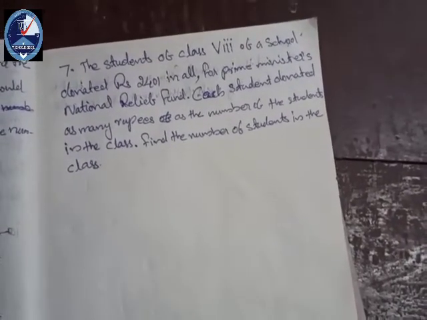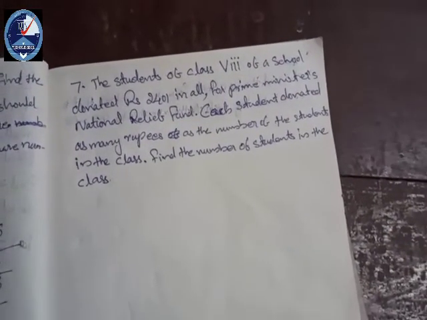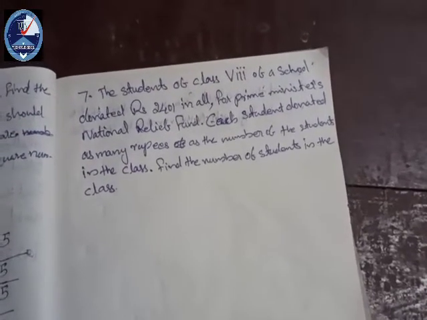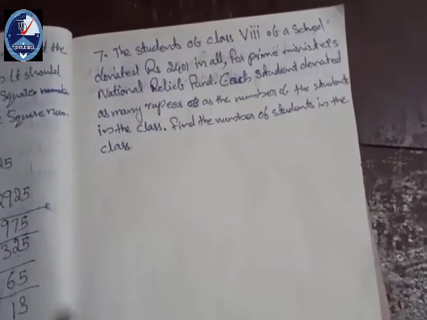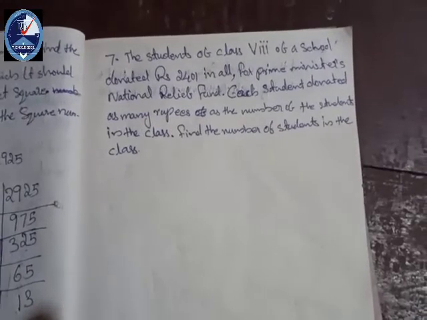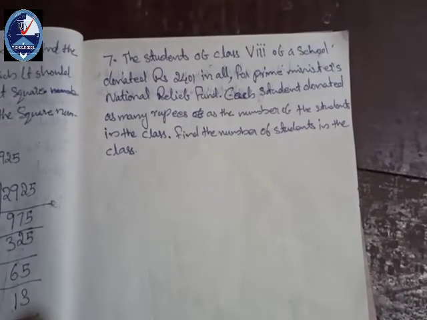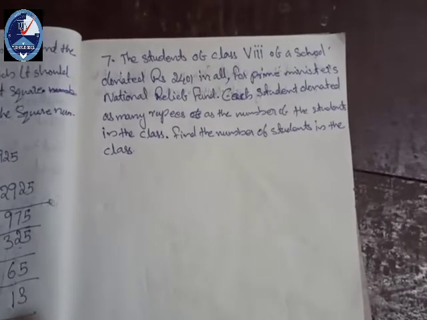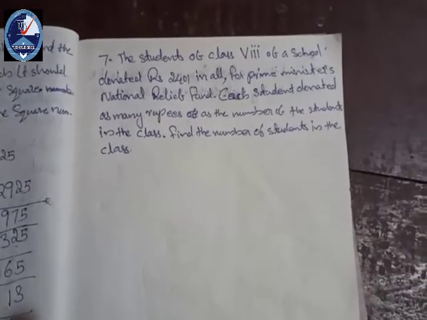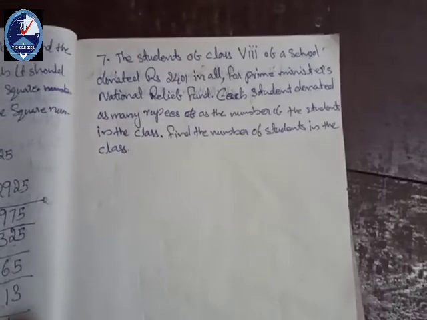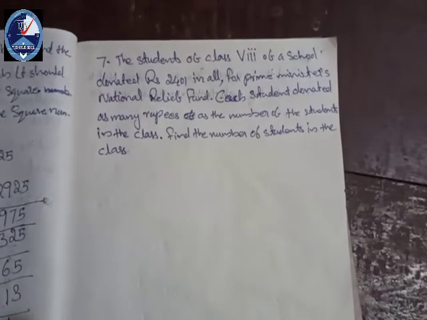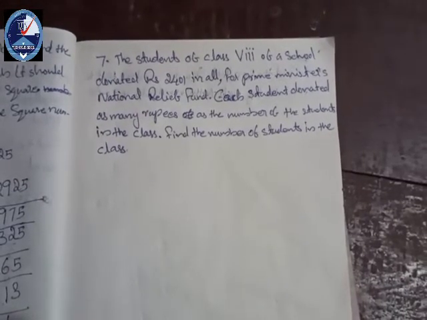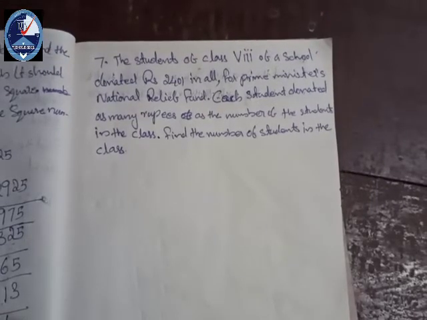Next, the seventh question. It is a word problem. What is there? The students of class 8 of a school donated rupees 2401 in all for the Prime Minister's National Relief Fund. Each student donated as many rupees as the number of students in the class.